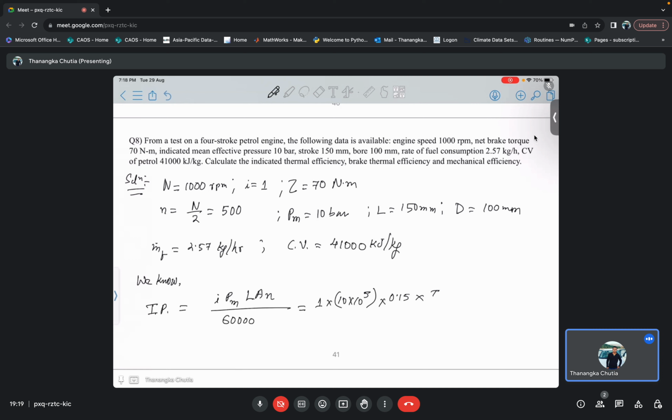Bore diameter is 100 mm, so pi by 4 into 0.1 whole square, and your n is 500, divided by 60,000.